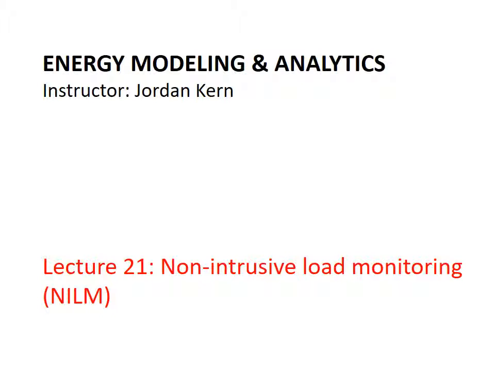There are a number of ways you can do that. The EIA tries to estimate what types of energy consumption are coming from different households throughout the United States. But then we're really interested in boring down into more detail about what individual devices are contributing to electricity consumption and how that varies through time.